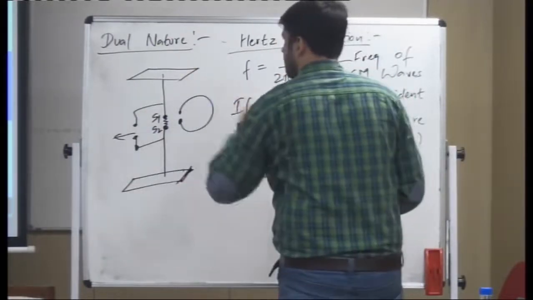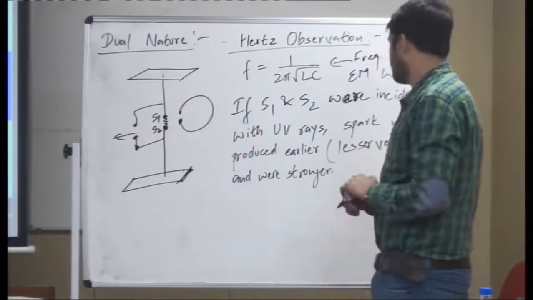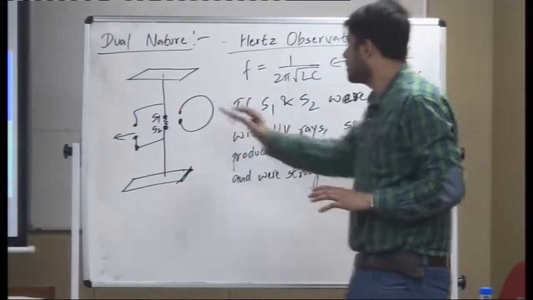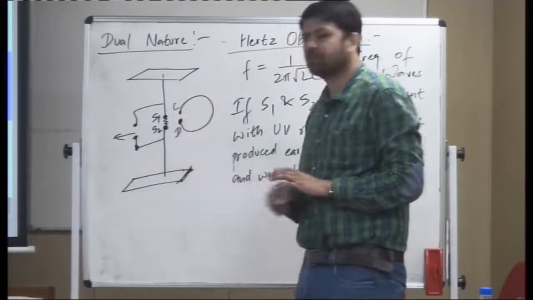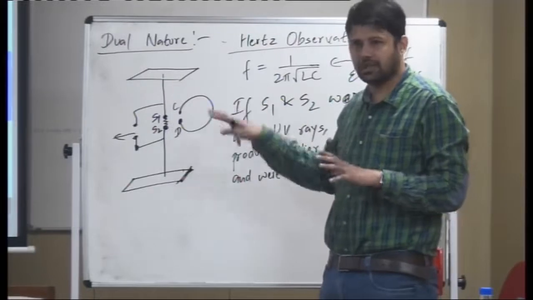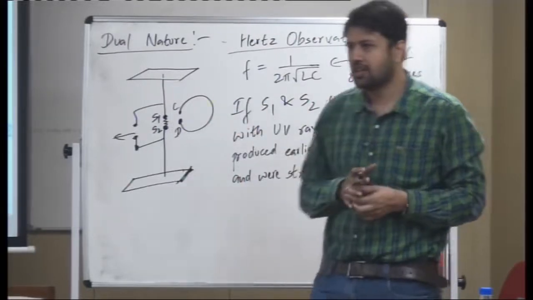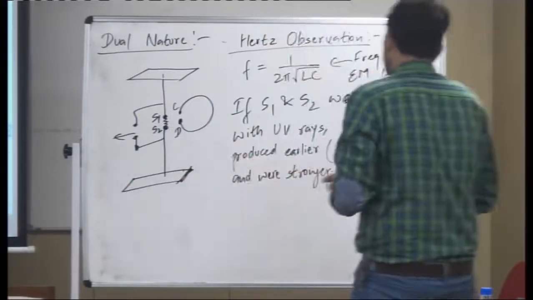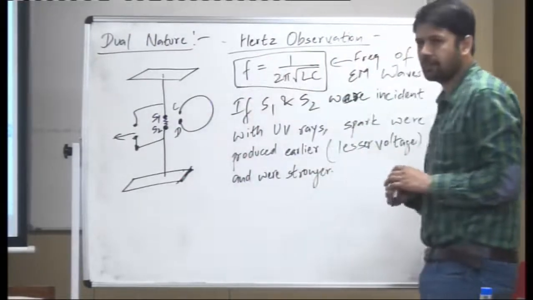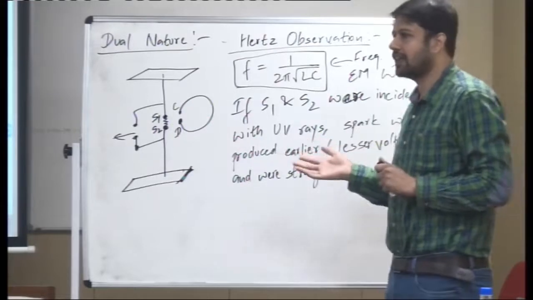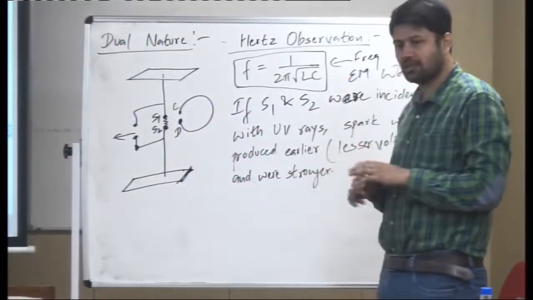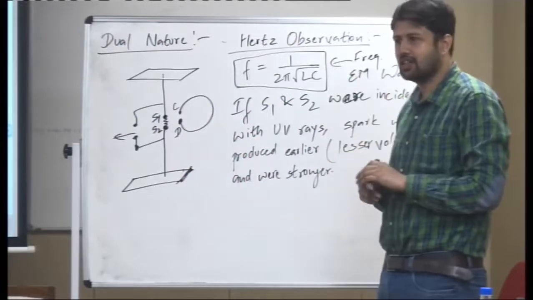So what actually was happening? You getting the point, right? EM waves were more easily produced if UV rays were already present in the system. The frequency was still the same, but this observation directed people into another investigation.